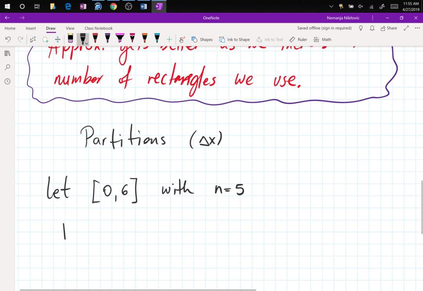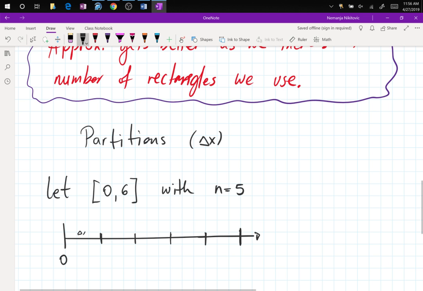So this means that my partitions start at 0, and then after 5, 1, 2, 3, 4, 5. So now I have 5 rectangles. So rectangles will be in this. This is just partitioning.